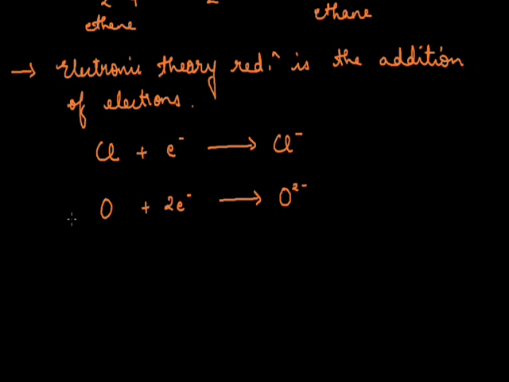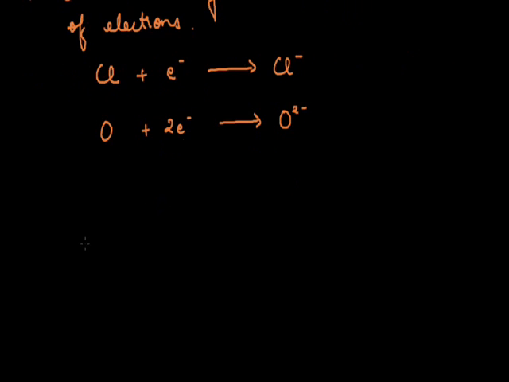So we can say that these are the oxidation reactions and reduction reactions. All these reactions we have included in terms of the electronic theory. Now we'll understand the terms oxidation and reduction together, and that is the redox reaction. But before that we'll see the definition of reduction.